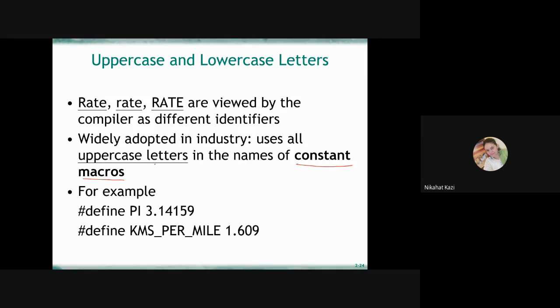And if you're going for variables, then use lowercase. That is the convention adopted by the industry. That's the standard naming convention. So this is about examples for the constant macros.